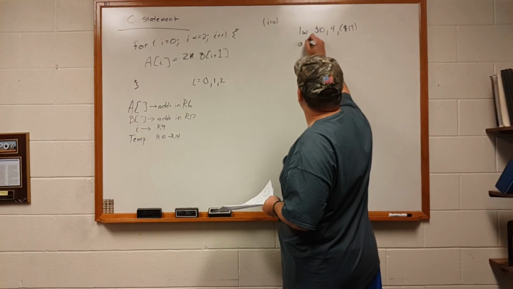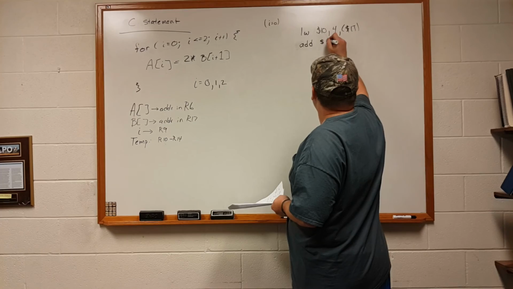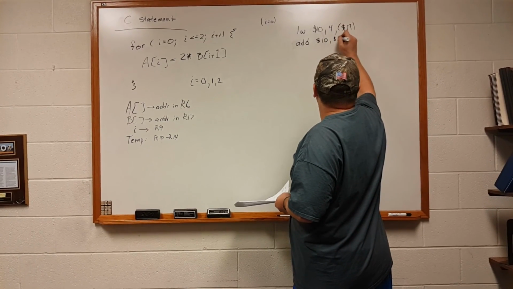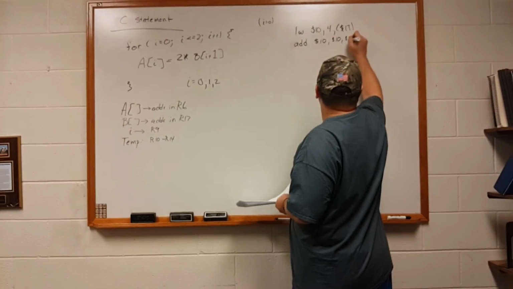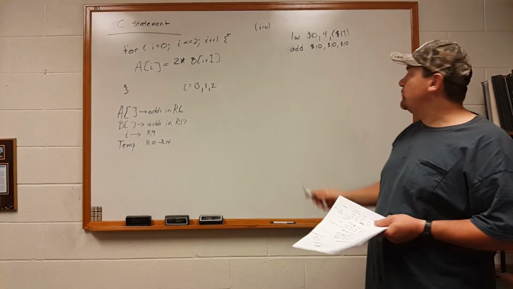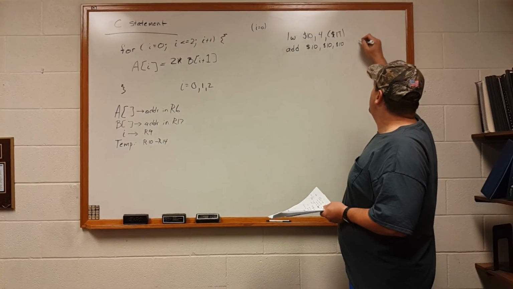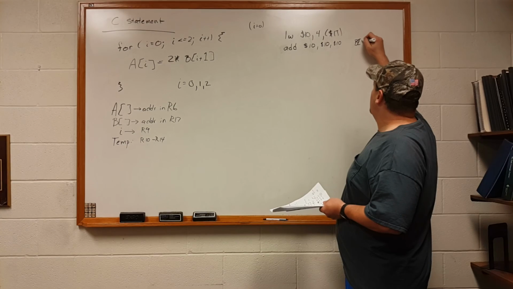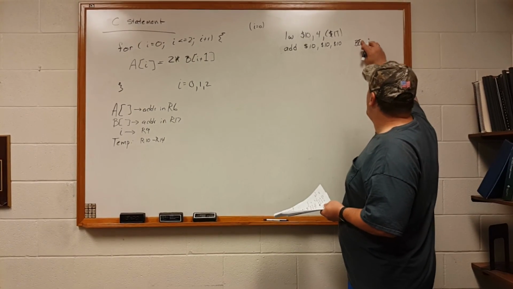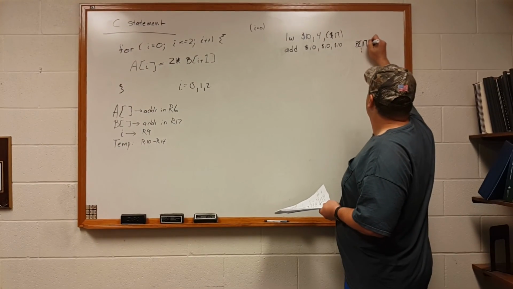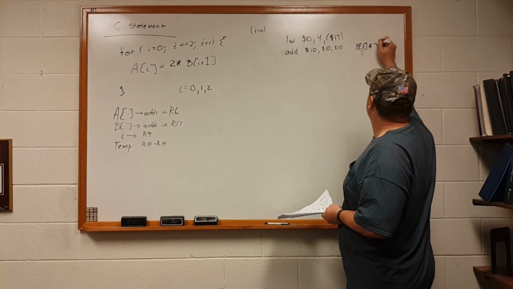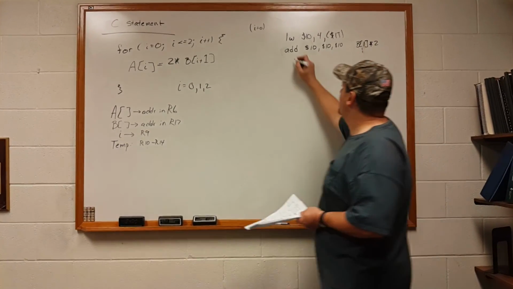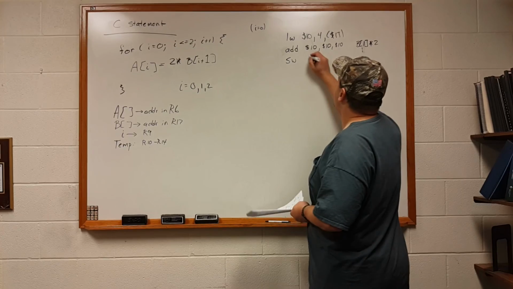Now we need to manipulate it. We're just going to go ahead and use 10 again because it's our trash register. What this does is take B of 1 times 2. That's in R10. Now we need to store it back. Store word.